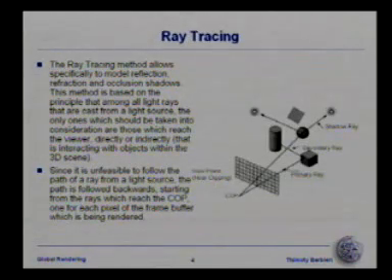There are two basic techniques to apply a global reasoning for the rendering. One is called ray tracing. Ray tracing is a direct application of optical geometry, and it's actually an extension of the Phong model.